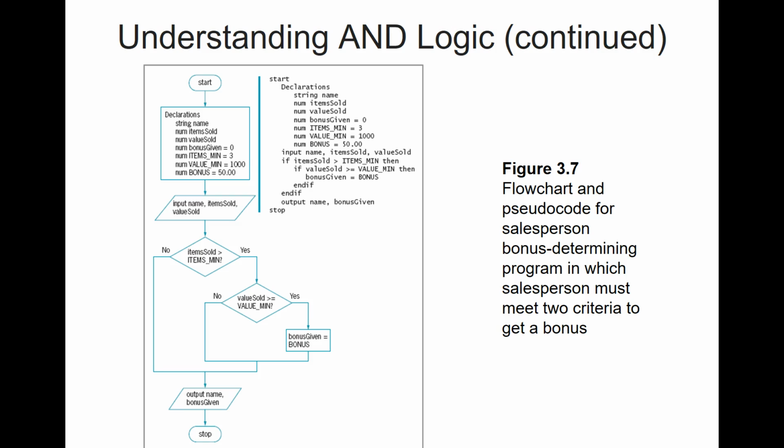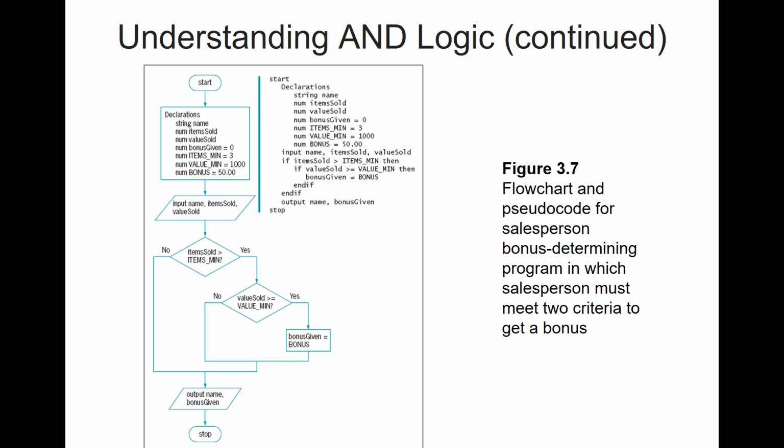So both of those conditions have to be true. And you think, well, that seems kind of a convoluted way to write that. But with the ands, we know that both conditions have to be true. So the reality is, logically, either way we write that, if I did the items sold first or the value first, either way it will actually work, and people will only get the bonus if both conditions are true.